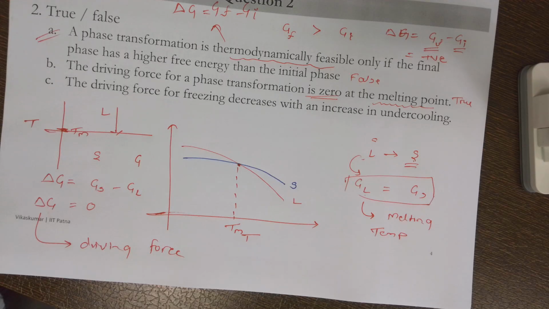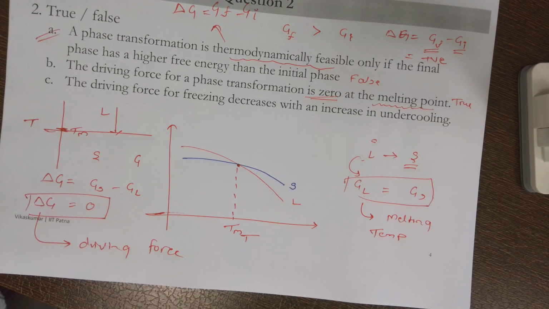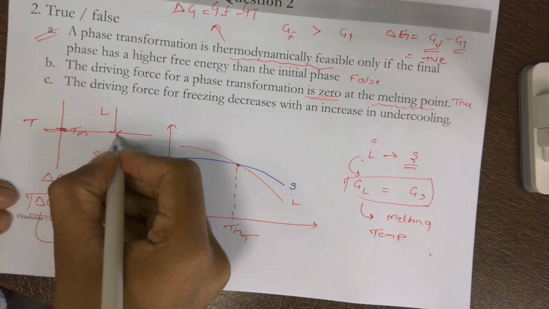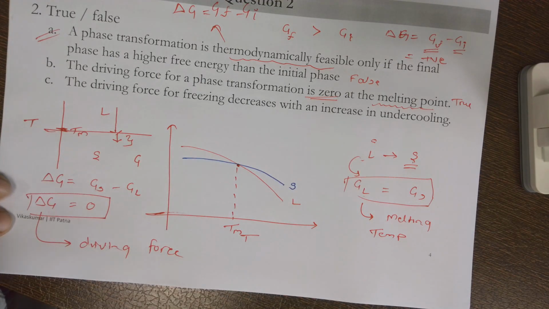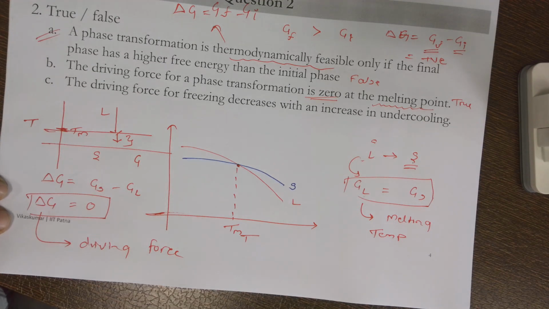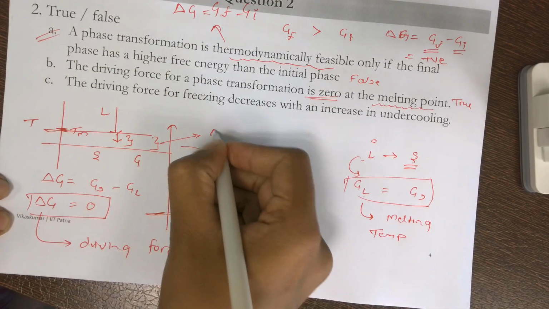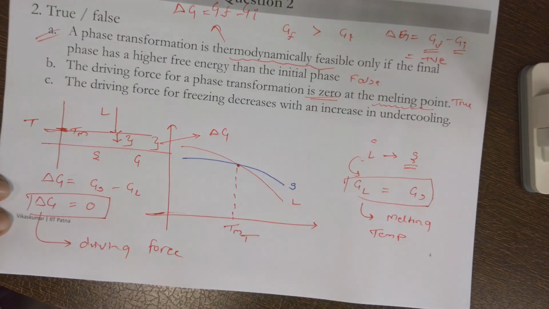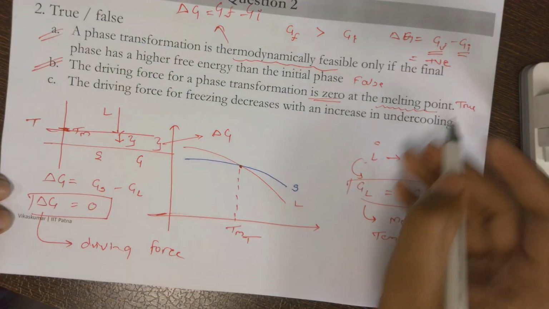It will remain as it is because it doesn't have any driving force. Driving force is zero. It will transform only when you do the undercooling. If you go to a temperature below the melting point, then the transformation will start to happen because it will have sufficient driving force. So for option B, the answer is true.